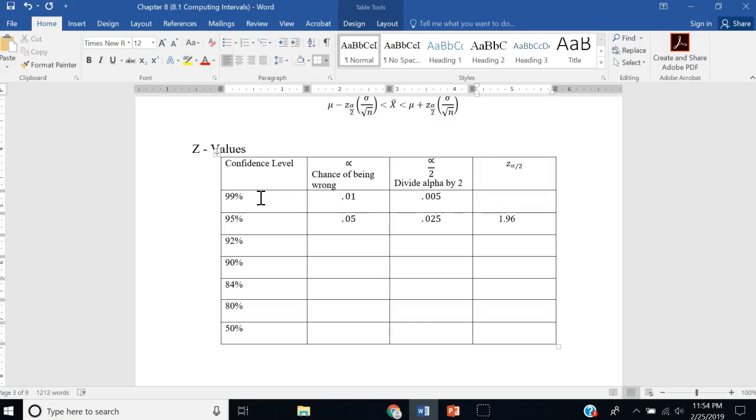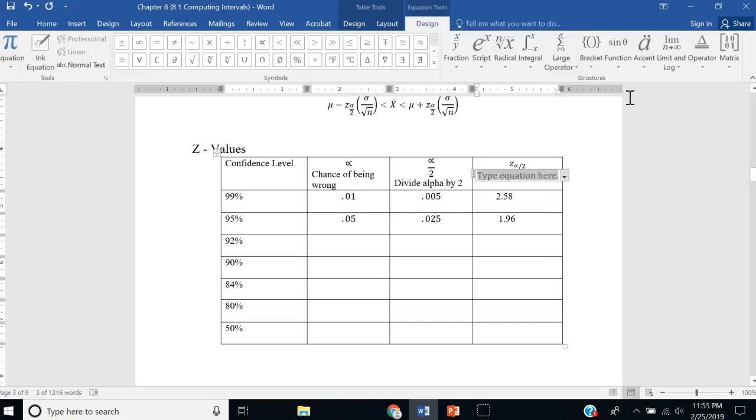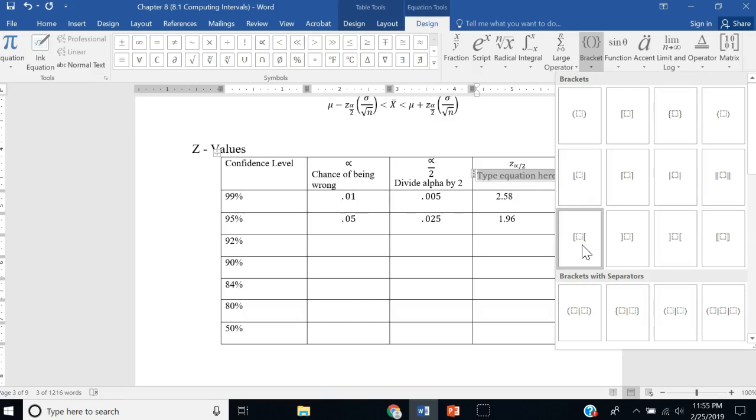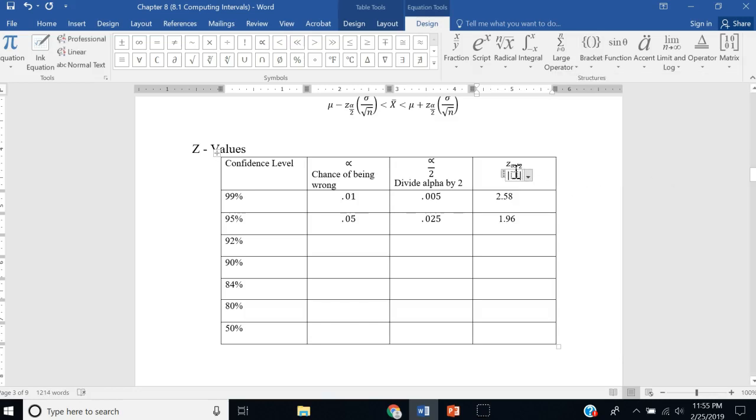And so my z value is going to be a positive 2.58. Okay. So in short, this is the absolute value of inverse norm of alpha over 2. I keep forgetting the absolute value sign.